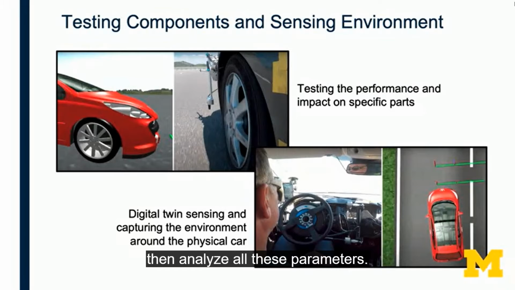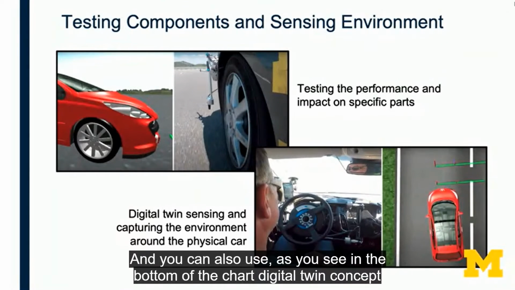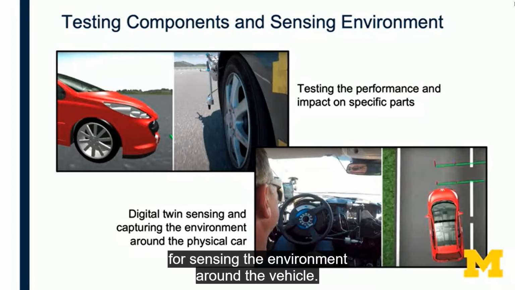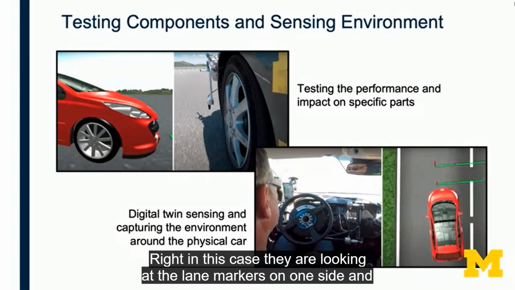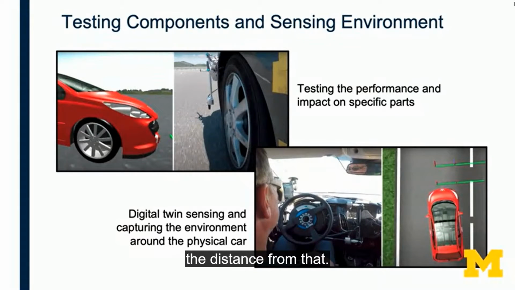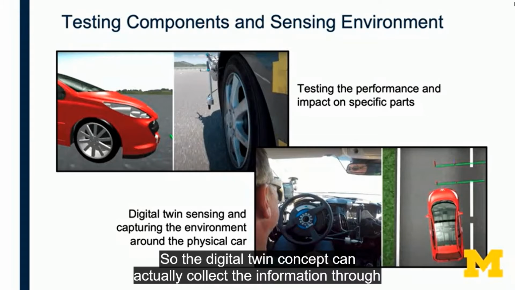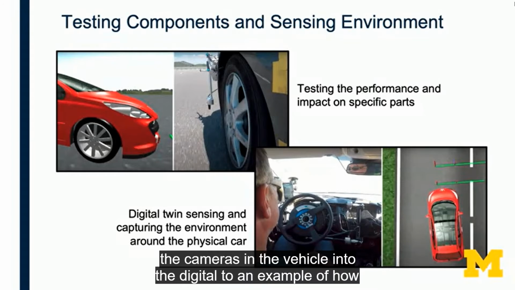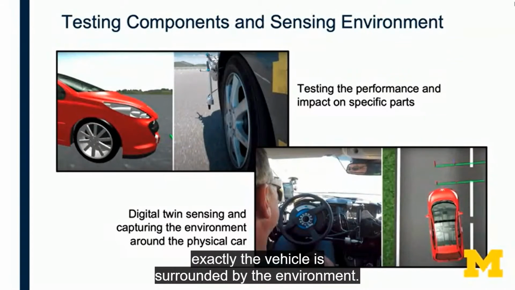And you could also use, as you see in the bottom of the chart, the digital twin concept for sensing the environment around the vehicle, right? In this case, they are looking at the lane markers on one side and the distance from that. So the digital twin concept can collect the information through the cameras in the vehicle into the digital twin, an example of how exactly the vehicle is surrounded by the environment.